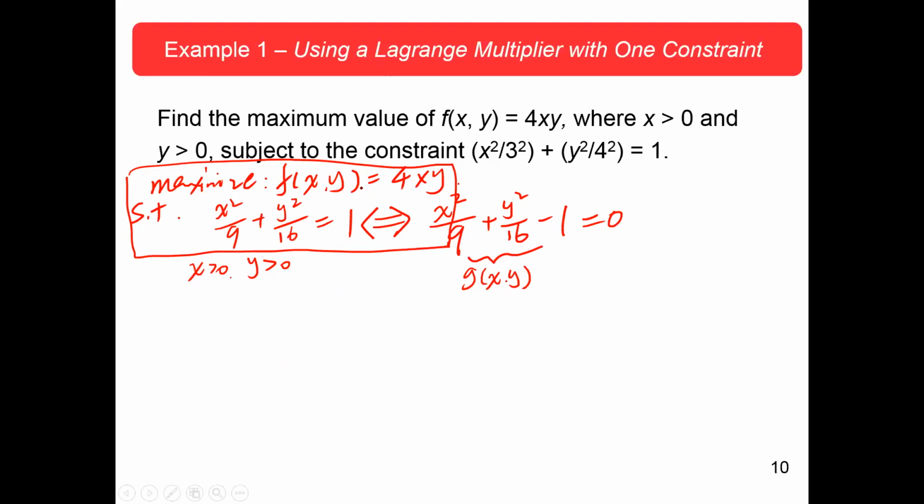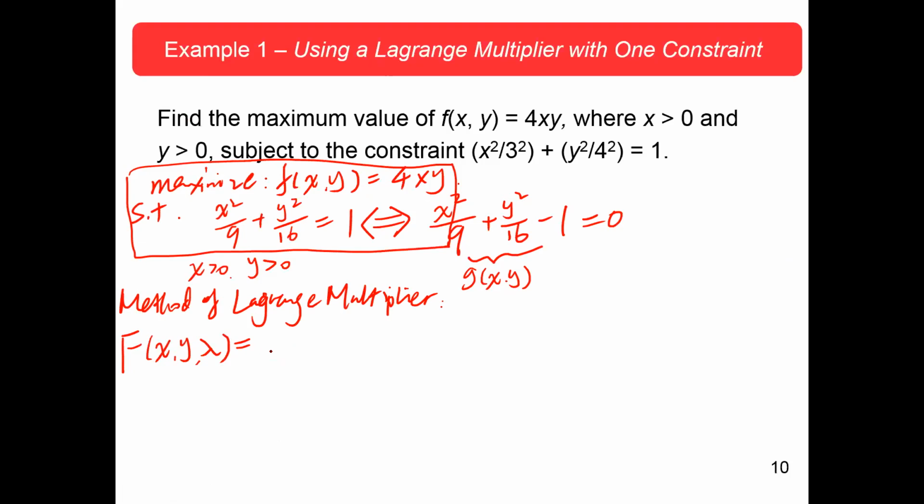F of x y is the objective. G of x y is this constraint. Good? Okay, so we're going to use the method of Lagrange multiplier here. First of all, let's introduce F of x y lambda, which is composed of the objective function along with the constraint function.